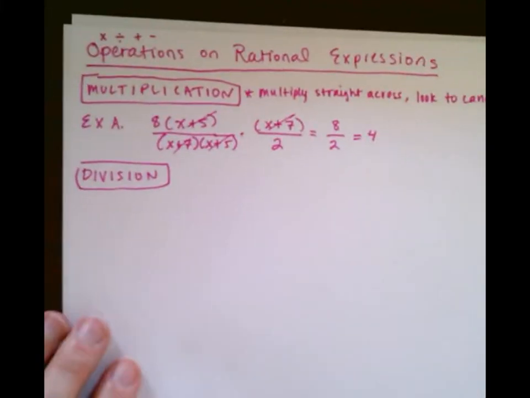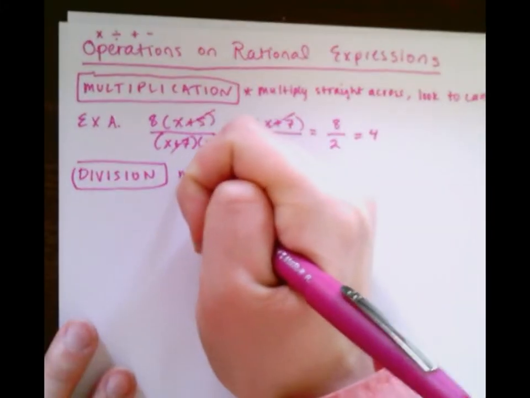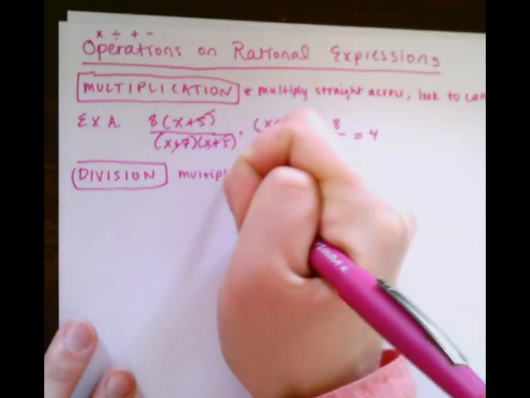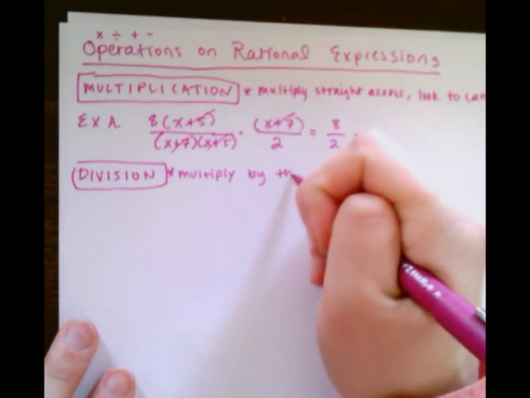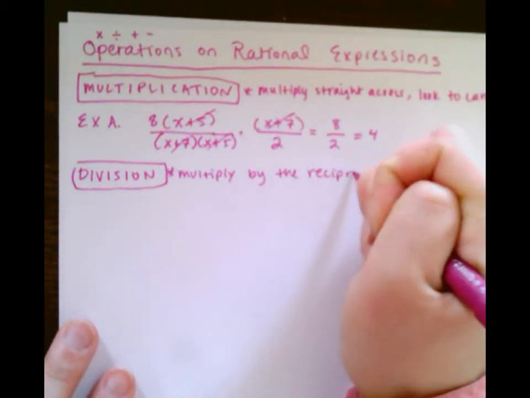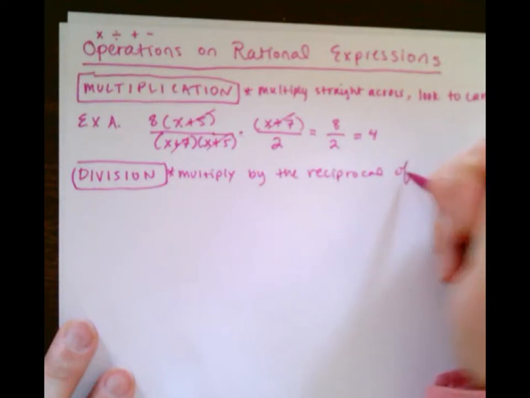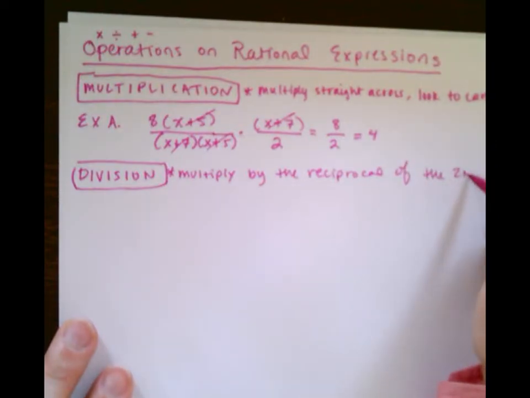For division, the idea is we're going to multiply by the reciprocal of the second rational.